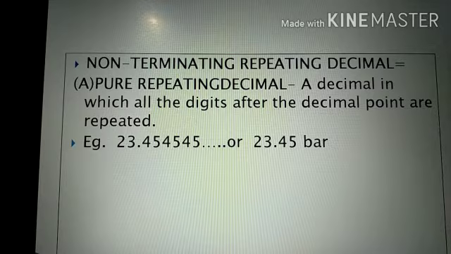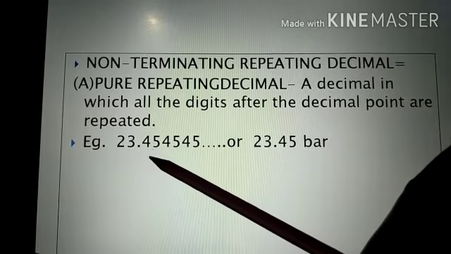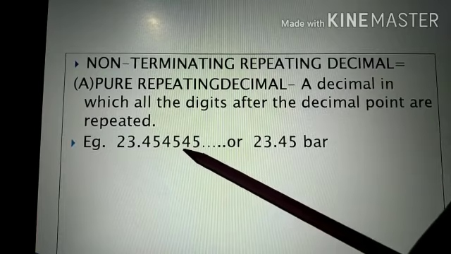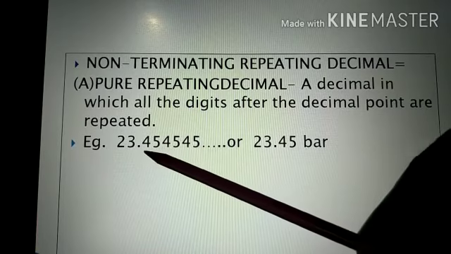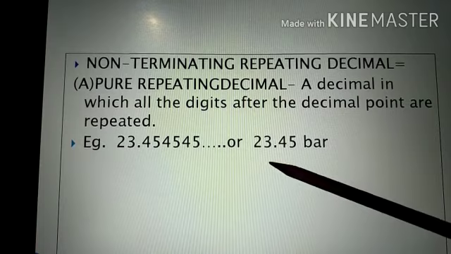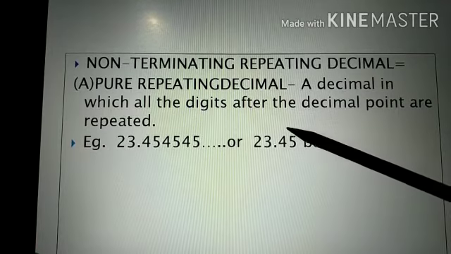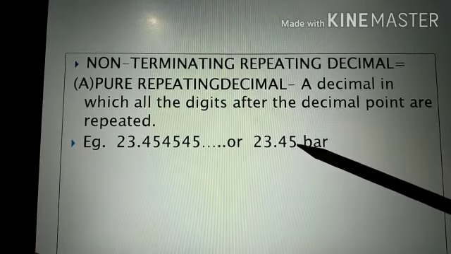Pure repeating decimals are those type of decimals in which all the digits after the decimal point are repeated, like this: 23.454545. Here 45 repeats. We can write this as 23.45 bar. The bar is on both the digits 4 and 5.